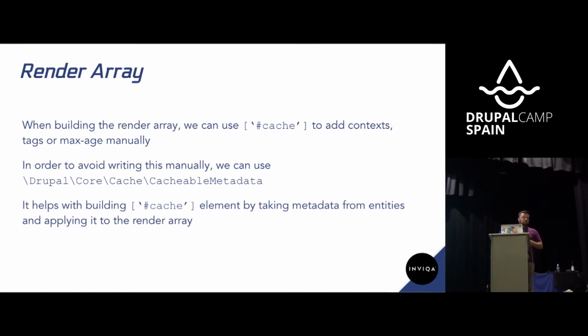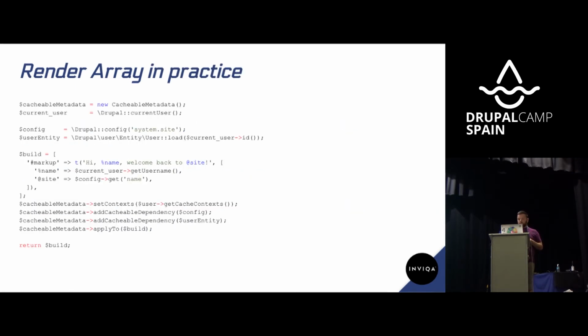It helps with building the #cache element, by taking metadata from the entities you will be using in your render array and just building an array from that. So in practice, using something like cacheable metadata would look like this. You could create an instance of your cacheable metadata object, load whatever entities you want to use in your render array, and then build your markup using those entities.